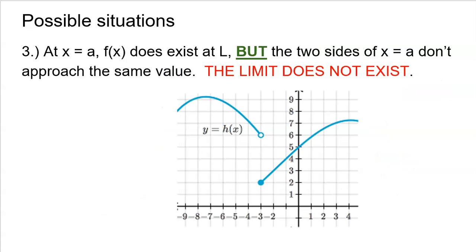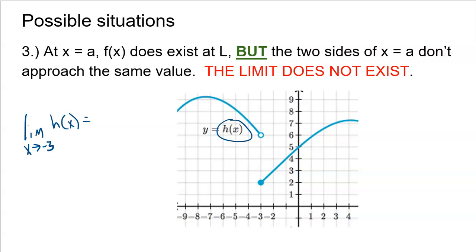All right, now here we see something that we've talked about in the past. This is a jump. So if we're asking about the limit as x approaches -3, and they're calling this h of x. Well, all right, great. So what's happening as we approach -3?